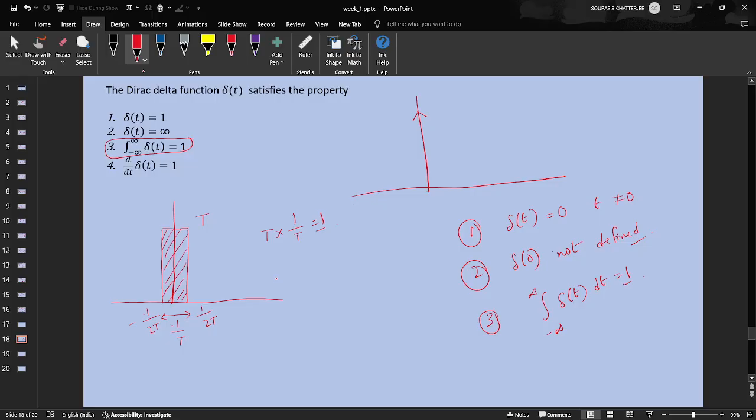Now consider T to increase, you push T upwards as much as possible. So what will happen? Let's say this function is p of t. As you increase T, the amplitude keeps increasing, but the width, 1 over T, keeps shrinking.